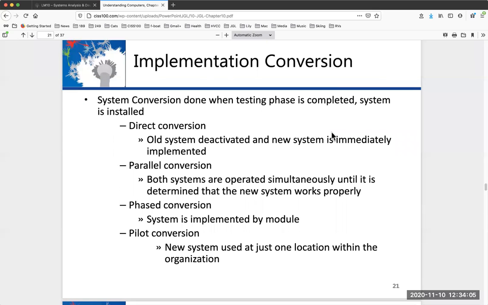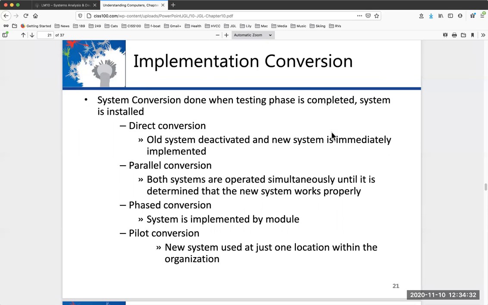Direct conversion should be your last resort. Direct conversion occurs when you turn the old system off and you turn the new system on. Why would you have to do this? If you cannot afford hardware, and a lot of companies cannot, you have to reuse your old hardware. So Sunday night at midnight, you're installing the new system, you're migrating your data over, you're flipping the switch on the new system for Monday morning, and fingers crossed.